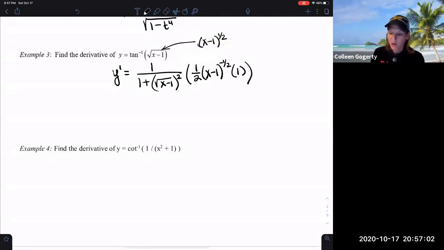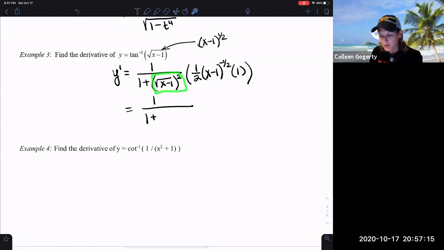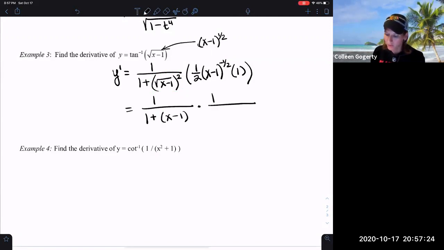Okay, so technically speaking, we could be done here, but let's practice our algebra a little bit. All right, so y prime is going to be 1 over 1 plus, well, what happens here when you square a square root? That's kind of nice. We're left with x minus 1. And then I've got a 1 over 2. Let's see. This lovely goes to the denominator. So I'm going to have a square root x minus 1.